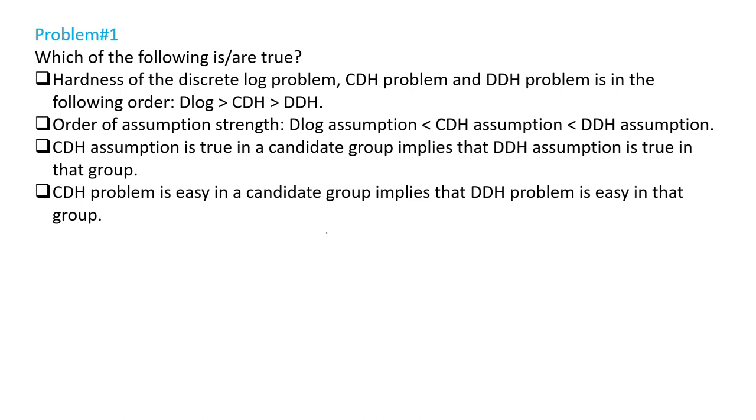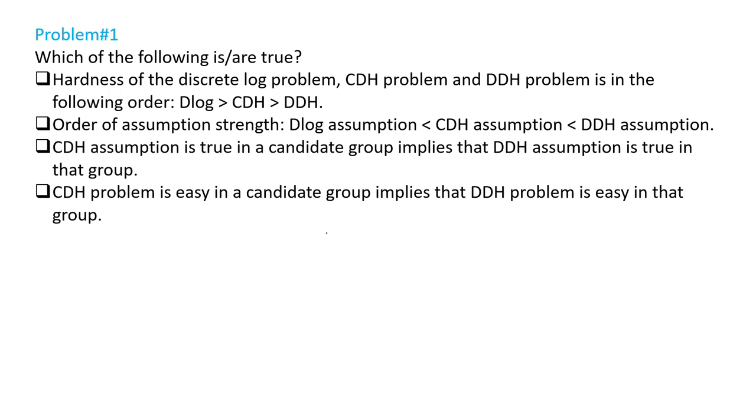Which of the following is or are true? Hardness of the discrete log problem, CDH problem and DDH problem is in the following order. So the order is given. Maybe you can just take a minute and then answer. The first statement is about the hardness of the problem.